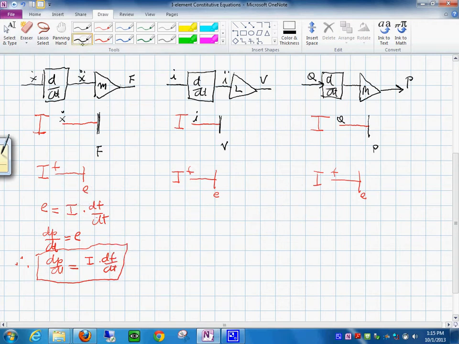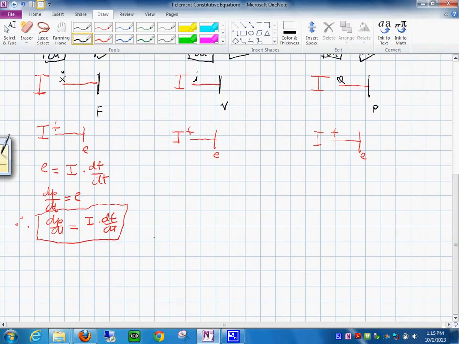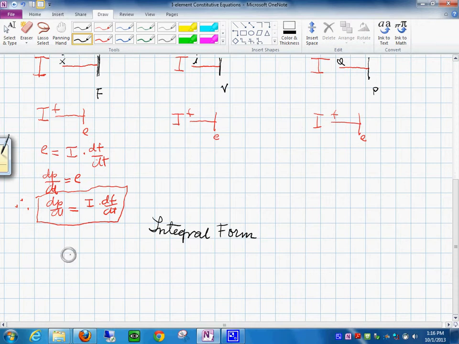But just like we did with the C element, let's look at the integral form. And now that I hopefully have convinced you that the form is the same, the variables change but the equation format is the same, I am going to take advantage of that and just concentrate on the mechanical system to illustrate this example for you.